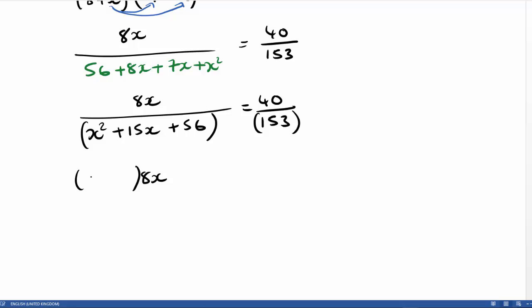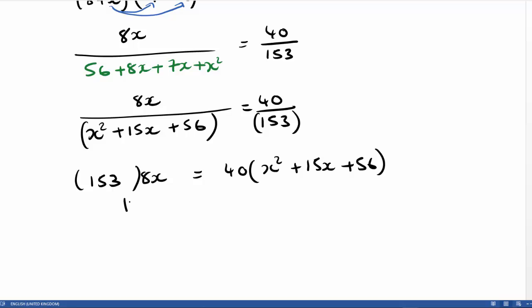8x, open brackets, 153. This means multiply, you should already know that. And I'm going to have 40, open brackets, x squared, plus 15x, plus 56, brackets, okay? So what we're going to do, we're just going to expand those brackets out now. Okay, you can work along with me.